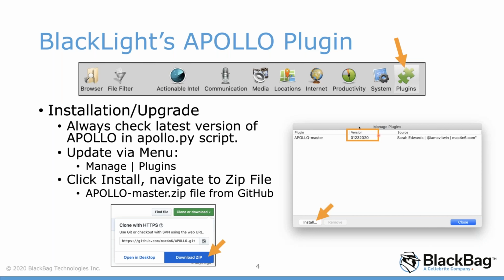So if you find your version up here, and if you go to Manage Plugins, you'll find the version. Just go to the GitHub and make sure that you're using the latest and greatest. If you're not, you'll want to download that Apollo master zip file. Just download zip here and then install it using the install button. So always make sure that you're using the newest modules.